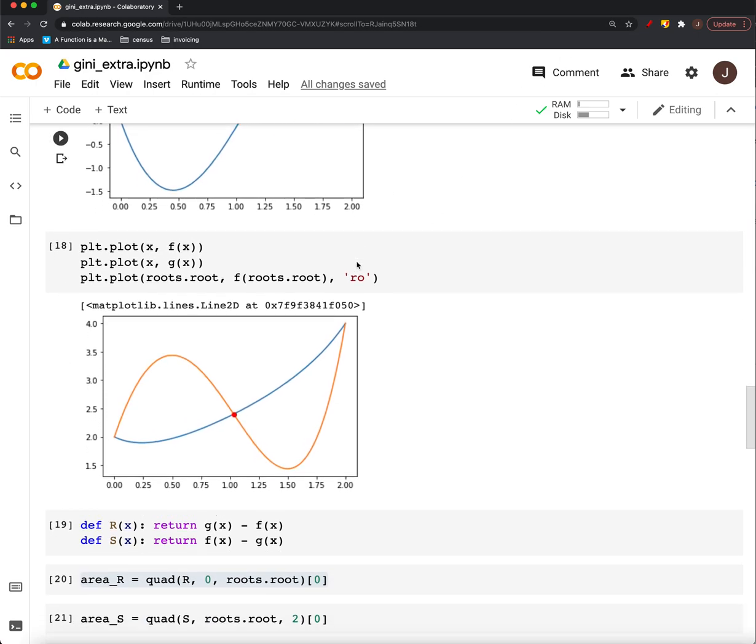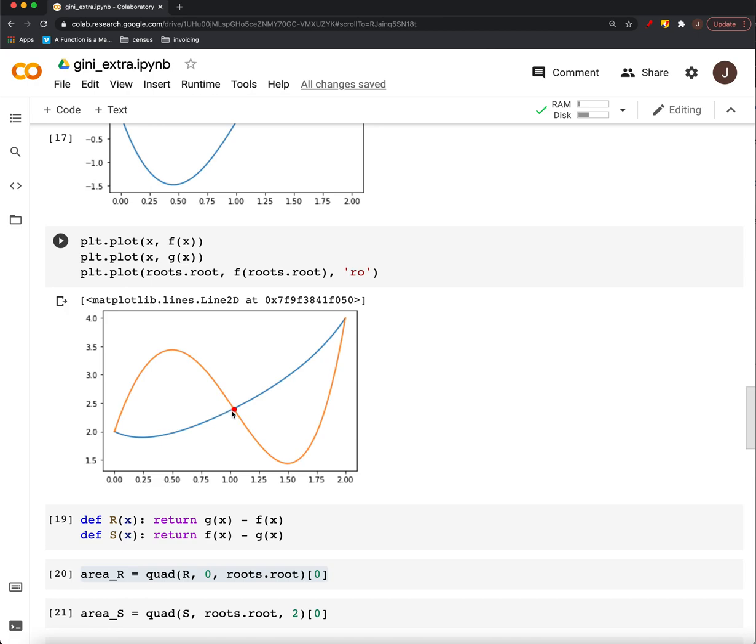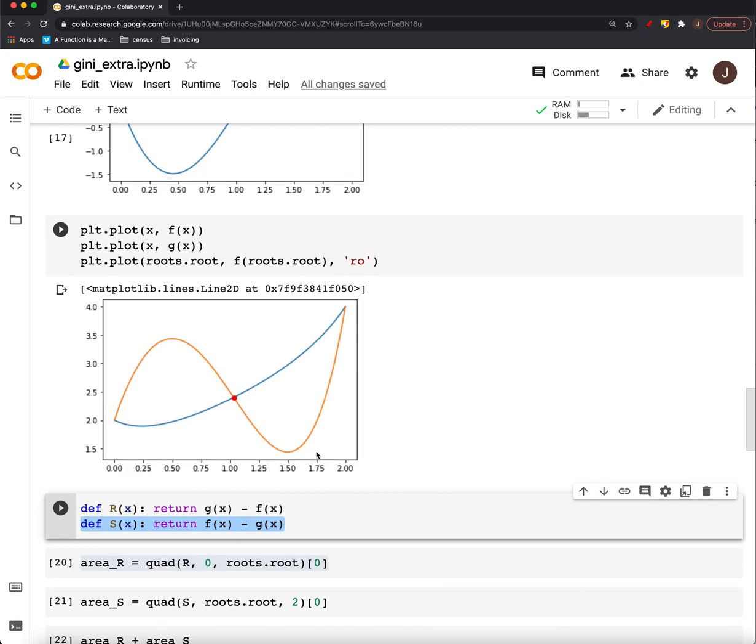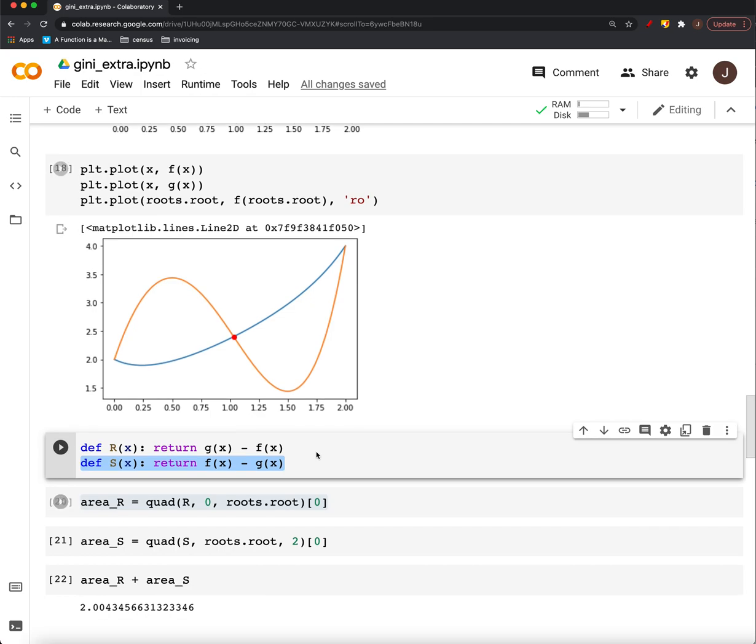Because I want to use the computer to evaluate these integrals, I am going to define functions like we did before for the top minus bottom. So here's this region R, the function G on top minus the function F, and then my function for the region S, which is then F minus G. So we just plug in to the quad.